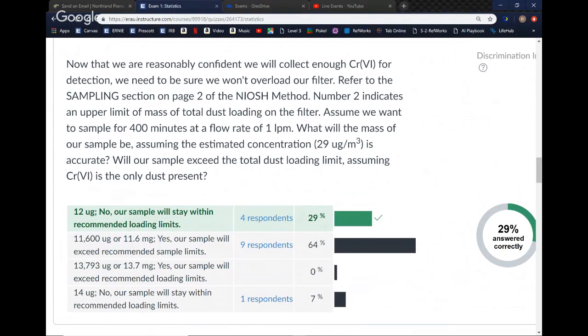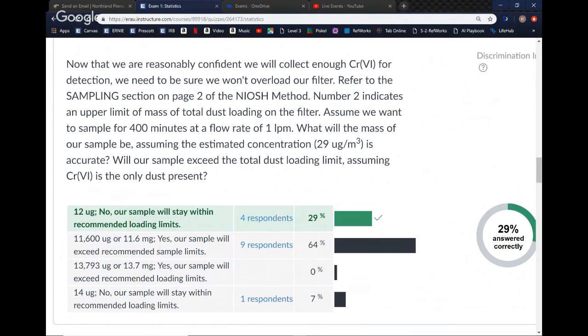And let's say that we were really good at guessing what the concentration actually is, and it actually is 29 micrograms per cubic meter. So the same 2 equations: concentration equals mass over volume, volume equals flow times time.